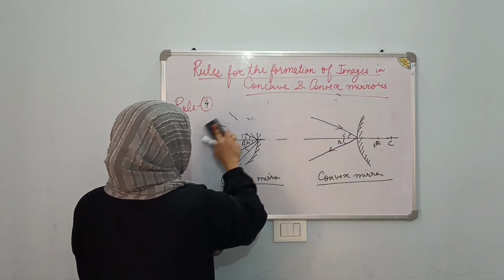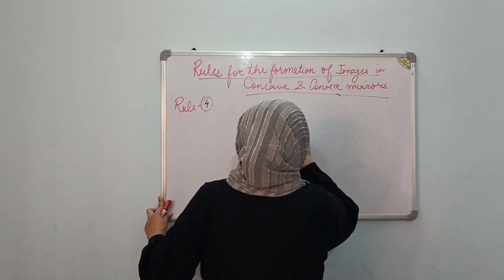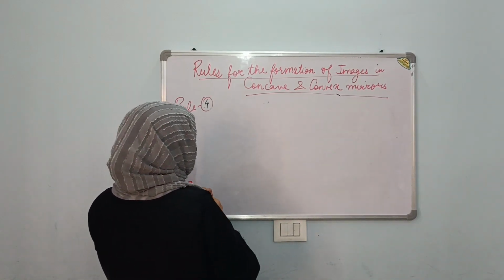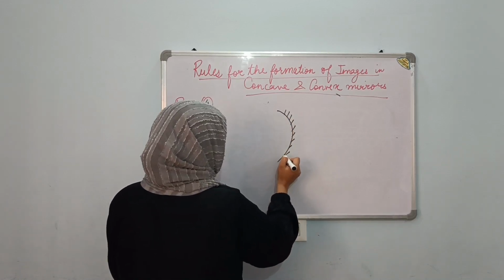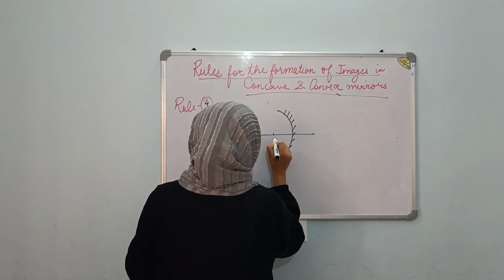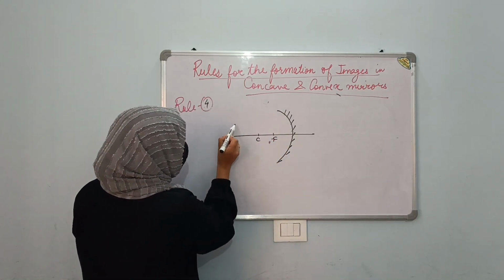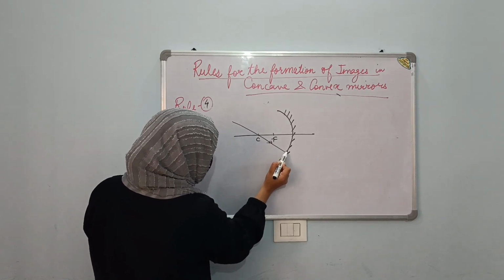Suppose if we take this one, just the previous case, if we take सेंटर ऑफ कर्वेचर में अगर हम देखें, ओके, this is focus and this is center of curvature. Okay, a ray of light is striking here at this position.